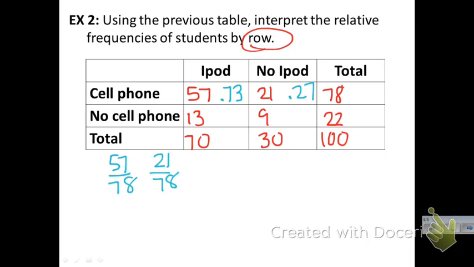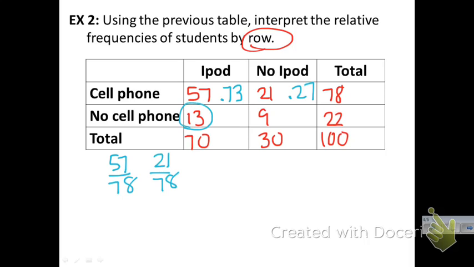Now you should notice something interesting about these two values. If we add them, you should end up getting 1. If we move them to a percentage, 73% plus 27% would give us 100%. So that's one way to make sure that you have the right values there. We're also going to do the students that did not have a cell phone.